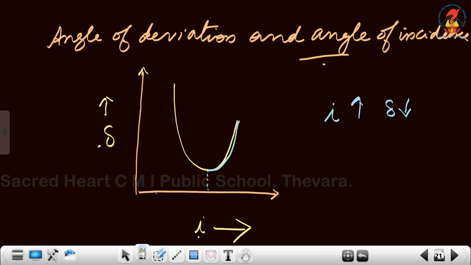As angle of incidence increases, angle of deviation decreases, reaches a minimum value, then again an increase in angle of incidence will increase the angle of deviation.